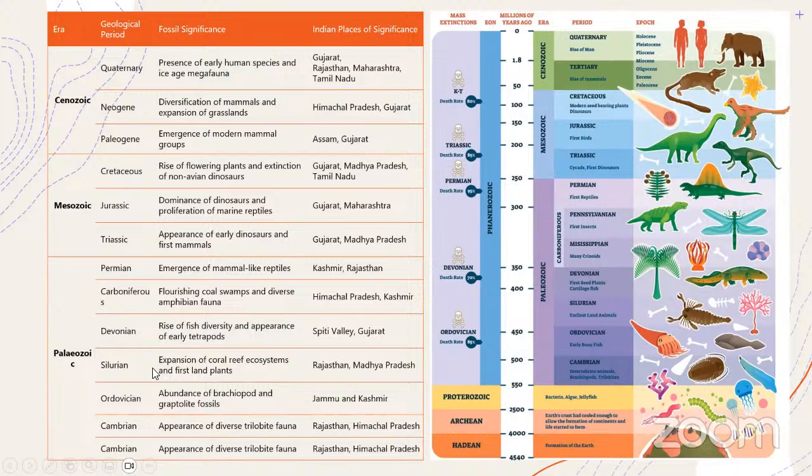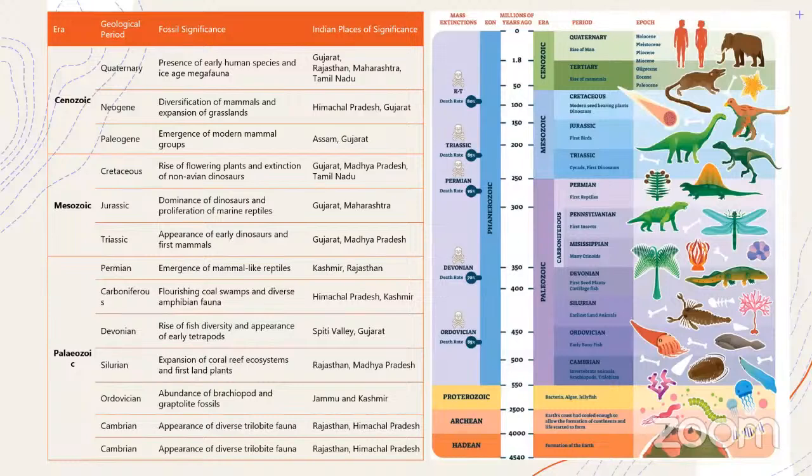Whereas in the Silurian, expansion of coral reef ecosystems and first land plants are present. These fossils in India we can find in the Rajasthan and Madhya Pradesh regions. In the Devonian, rise of fish diversity and appearance of early tetrapods, and these fossils we can find in the Spiti Valley and Gujarat region.